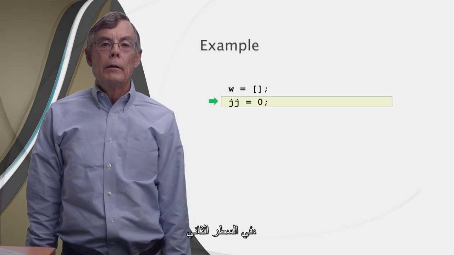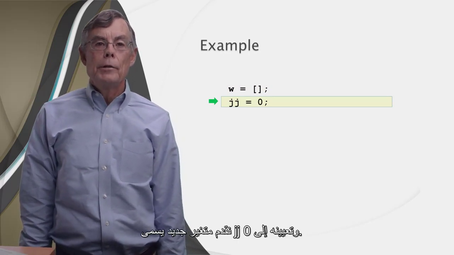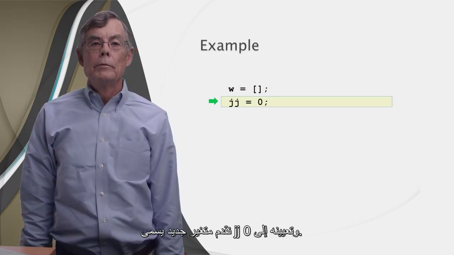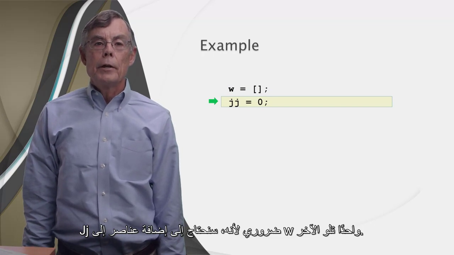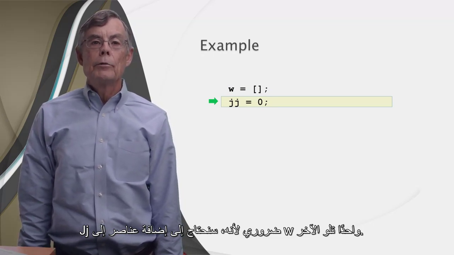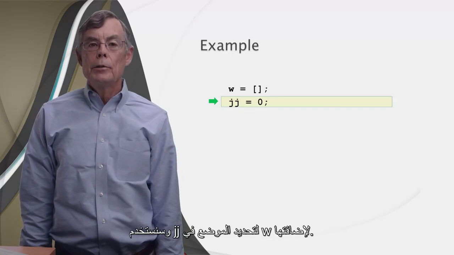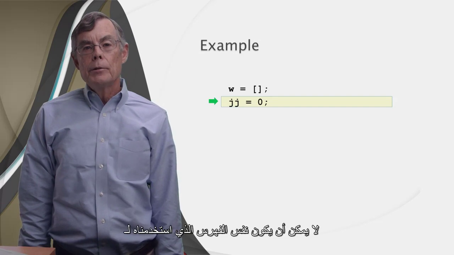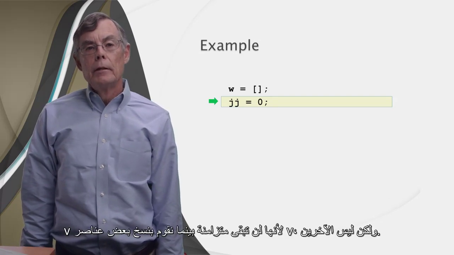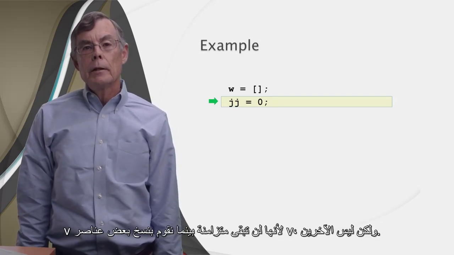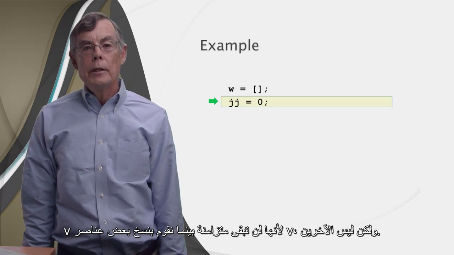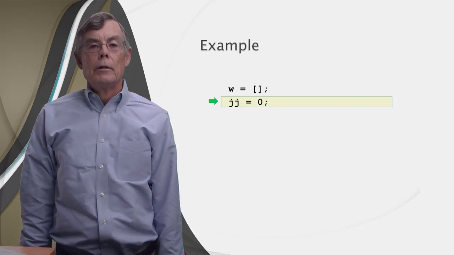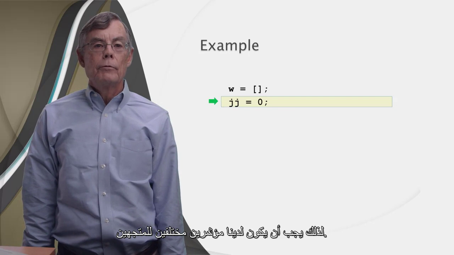In the second line, we introduce a new variable called jj and set it to 0. jj is necessary because we'll need to add elements to w one by one, and we'll use jj to specify the position in w at which to add them. It can't be the same index that we use for v, because they won't remain in sync as we copy some elements of v but not others. So we've got to have two different indices for the two vectors.